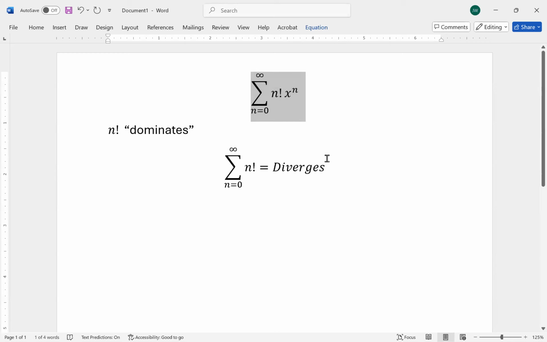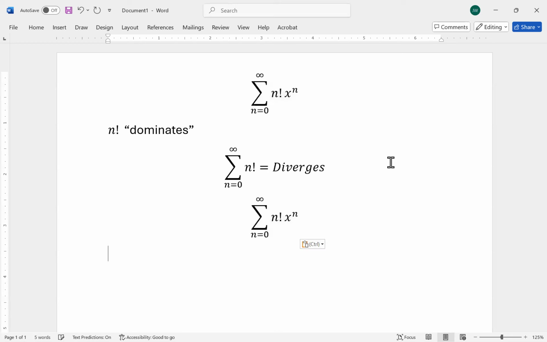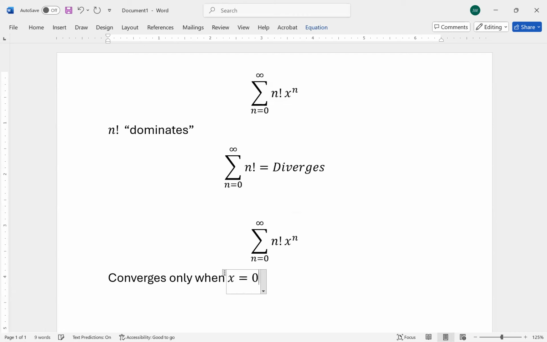That diverges everywhere except when I plug in x of 0. So we say this infinite series only converges when x is equal to 0. So it only converges when we plug in 0.